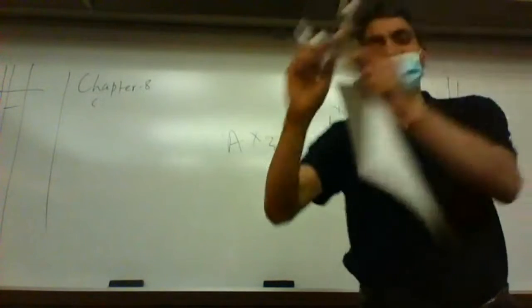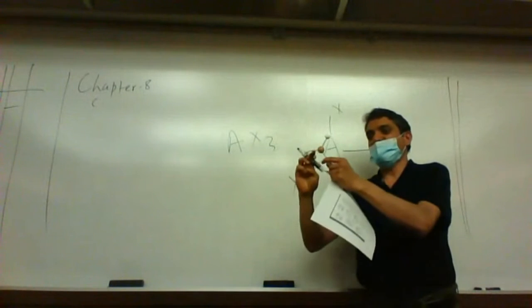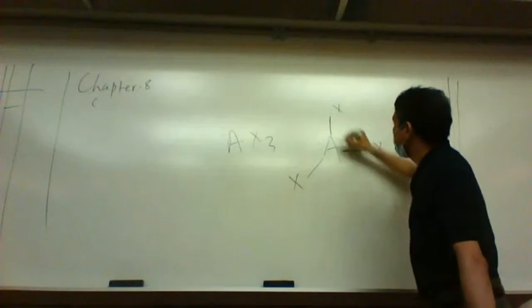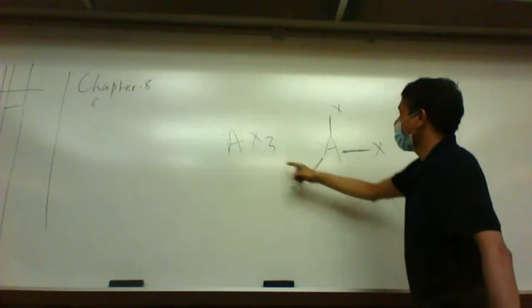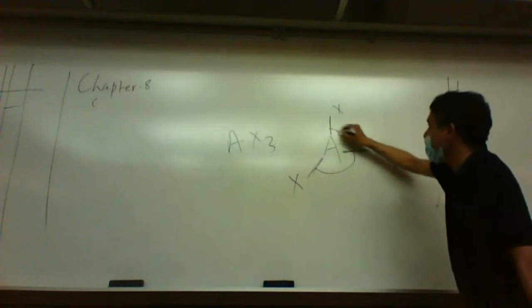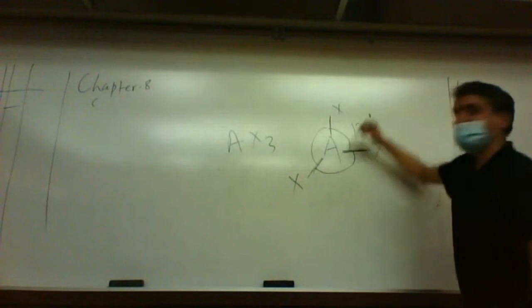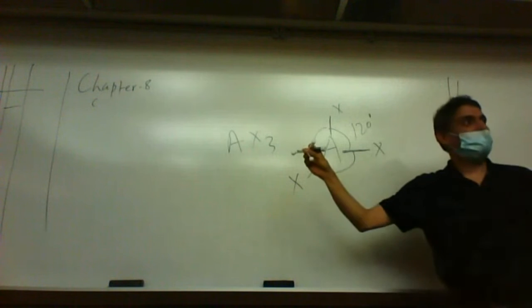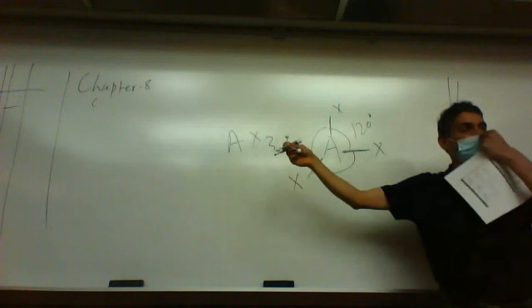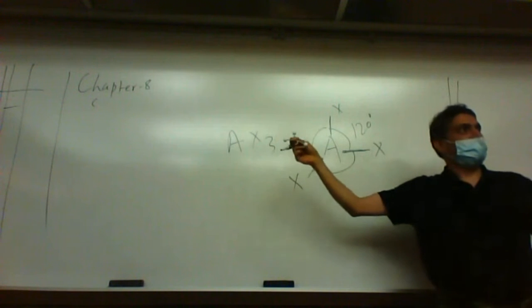Central is A, and this X, and this X. So how many electron pairs do we have? Three electron pairs here. If this is the case, the angle between them is 120 degrees, just like the boron. BF3, BX3, BBr3, whatever.